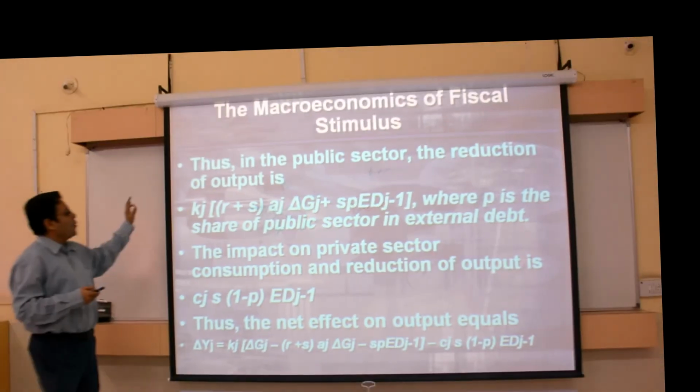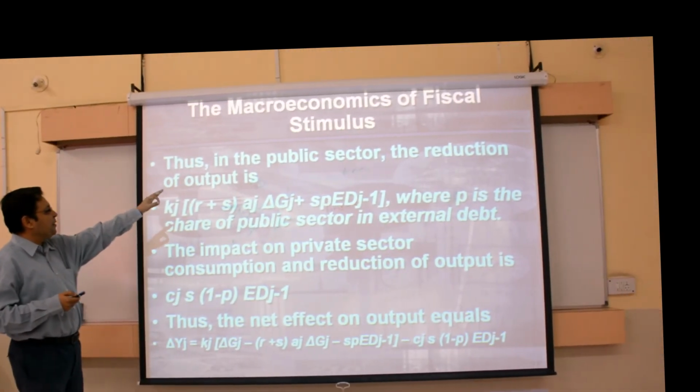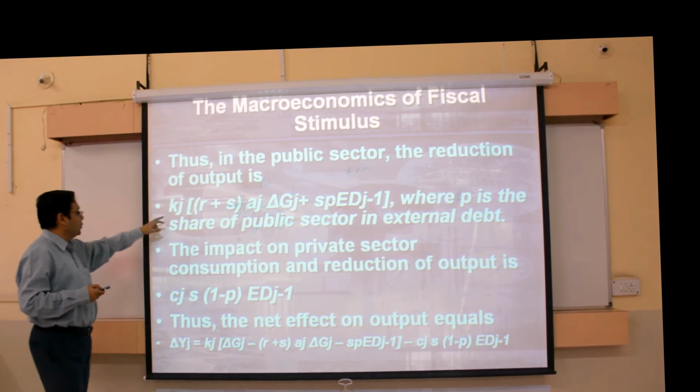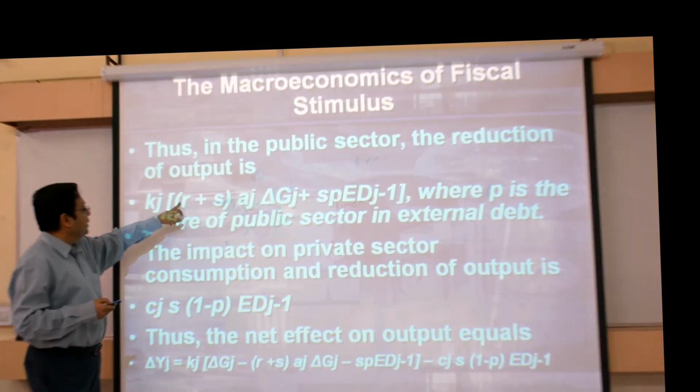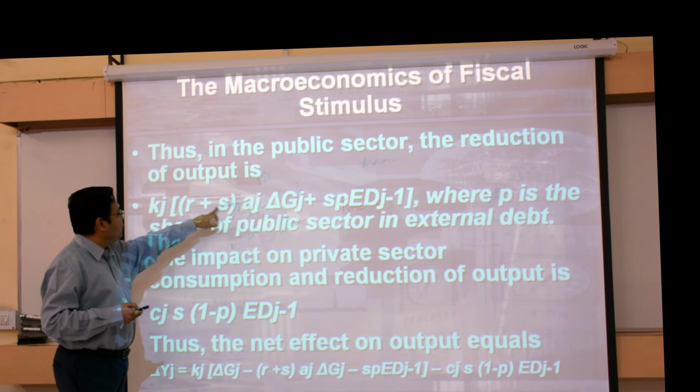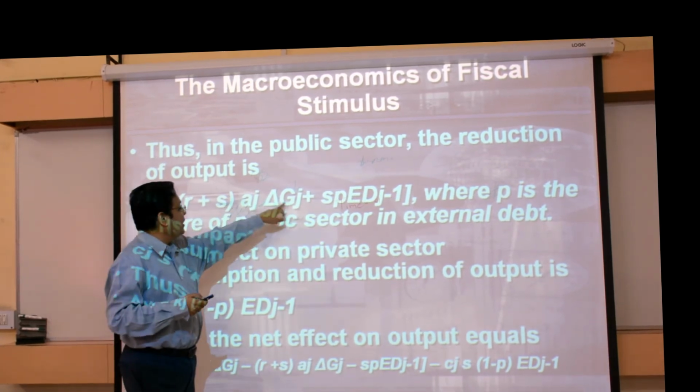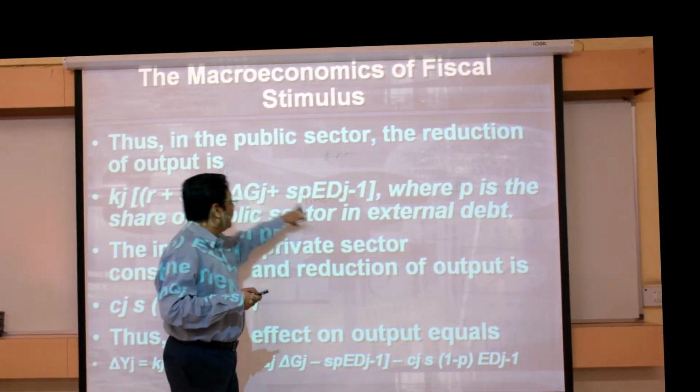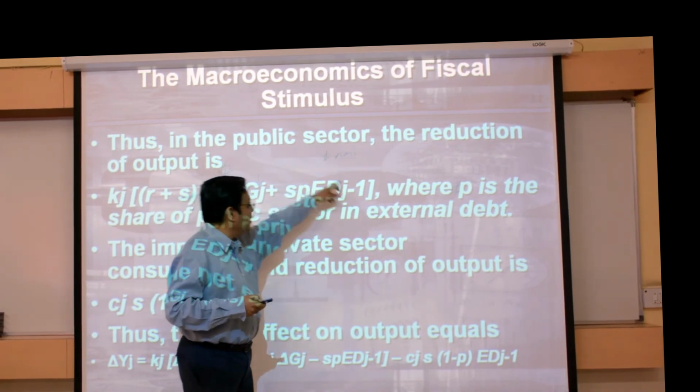So, coming back to the Keynesian tools, in the public sector, the reduction of output is going to be multiplier times R plus S AJ delta GJ plus whatever has been on the previous debt.